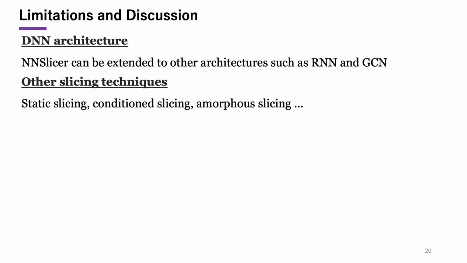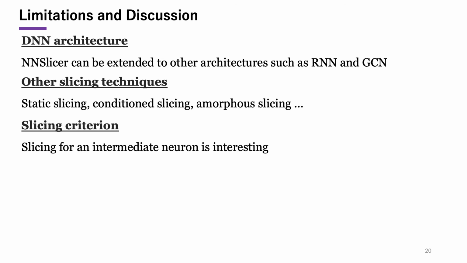Besides, NNSlicer borrows the idea of dynamic slicing, but there are many other kinds of slicing techniques, such as static slicing, condition slicing, and so on. It is interesting to apply these techniques to DNN models. Third, we mainly discuss the slicing criterion concerning output neurons, but slicing for an intermediate neuron may also be interesting.